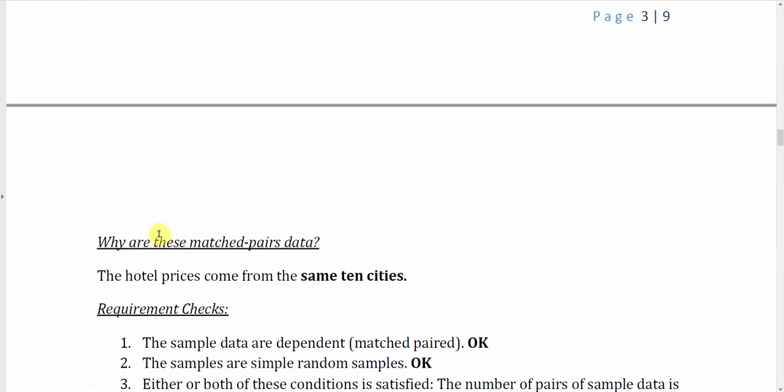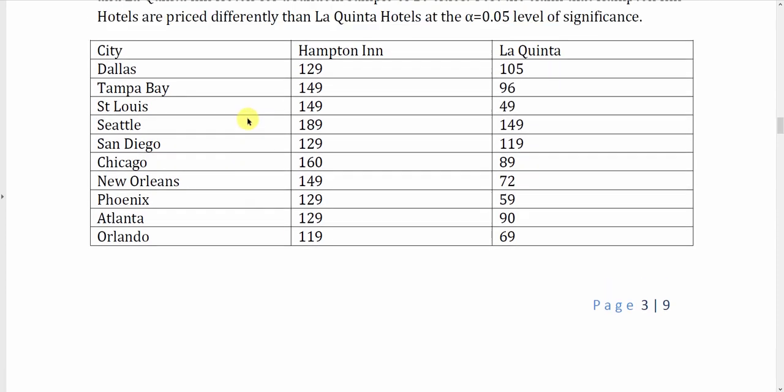So the question is, why are these matched pairs data? Because the hotel prices come from the same 10 cities, that means they are matched pairs.